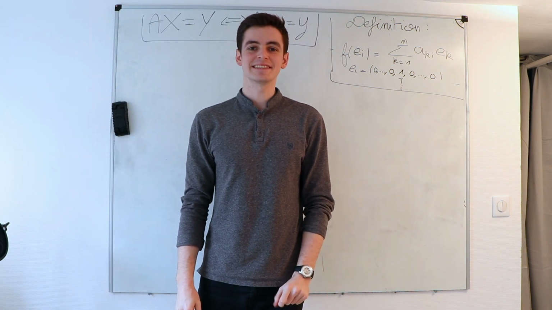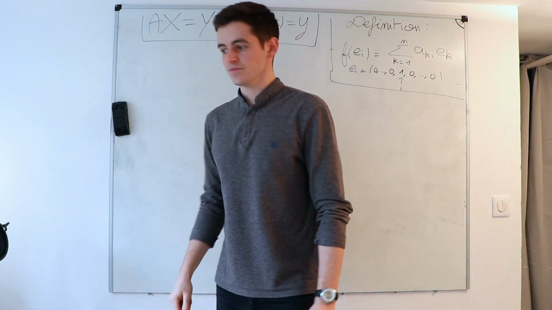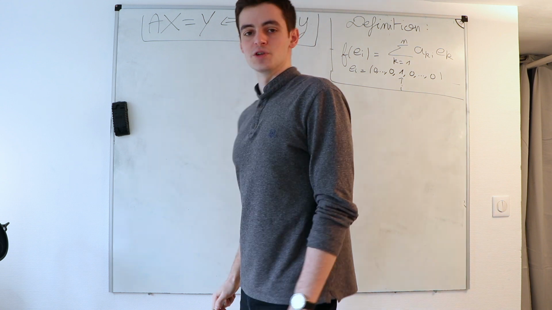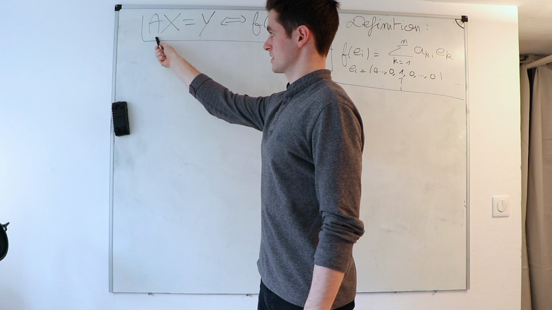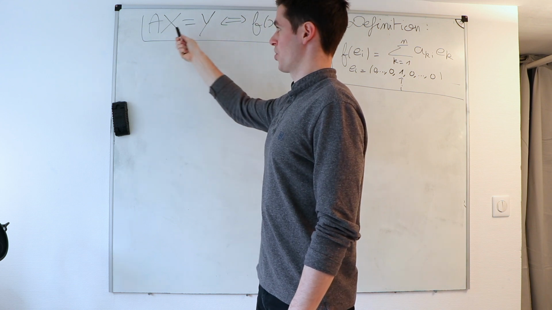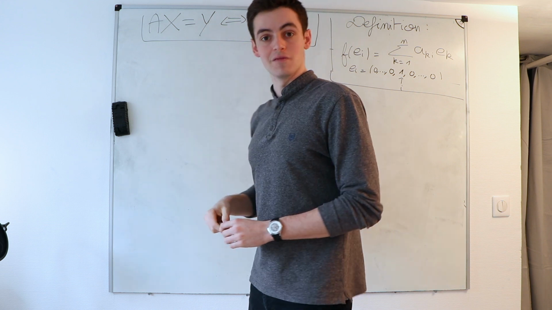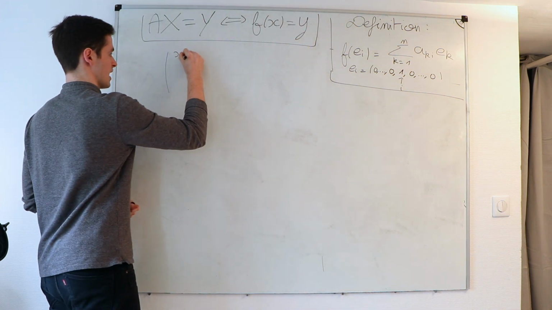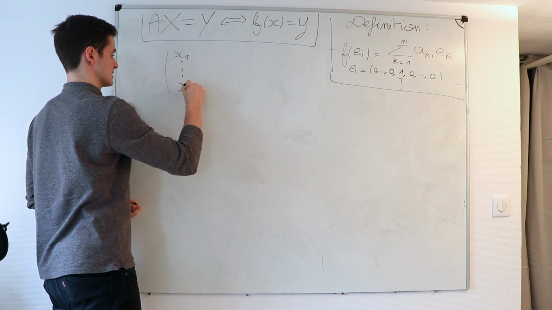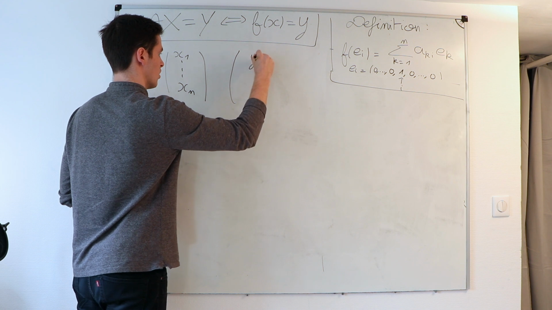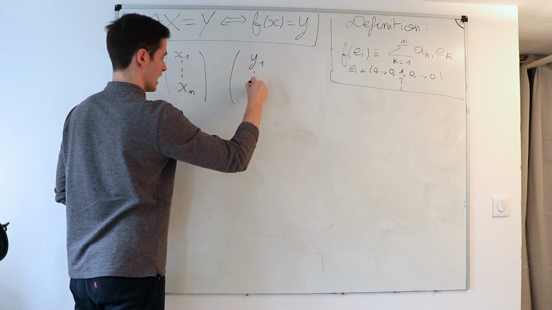Now let's prove an essential property. If F is the canonical endomorphism associated with the matrix A, then A times X is equal to Y, where X and Y are column vectors whose components are respectively x1 up until xn and y1 up until yn.